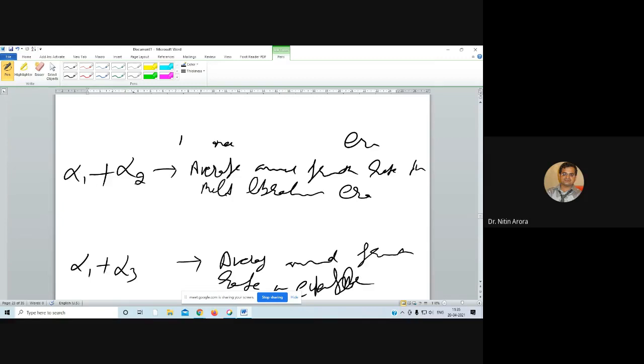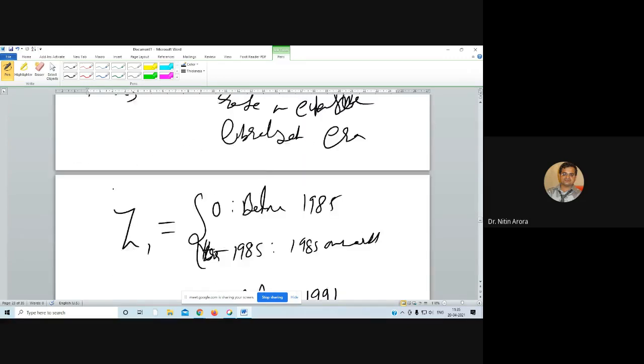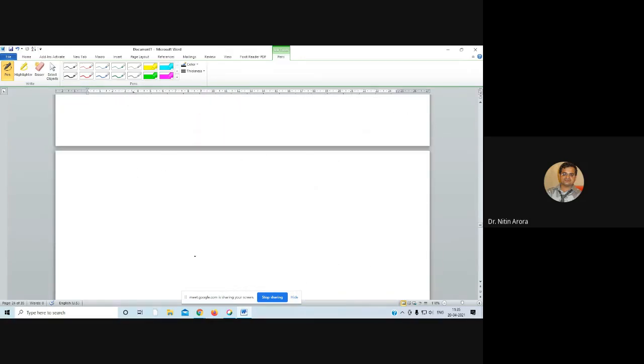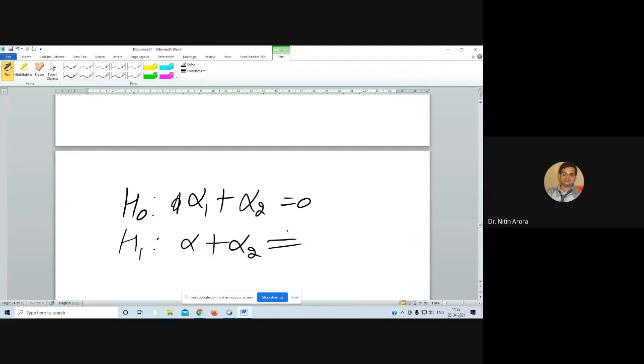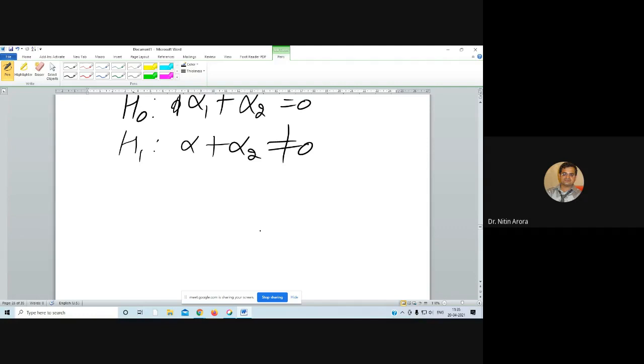That's why the joint significance of the sum of the two coefficients has to be tested. We can set the null hypothesis that alpha 1 plus alpha 2 is equal to 0, against the alternative that alpha 1 plus alpha 2 is not equal to 0. Now we are testing this hypothesis.